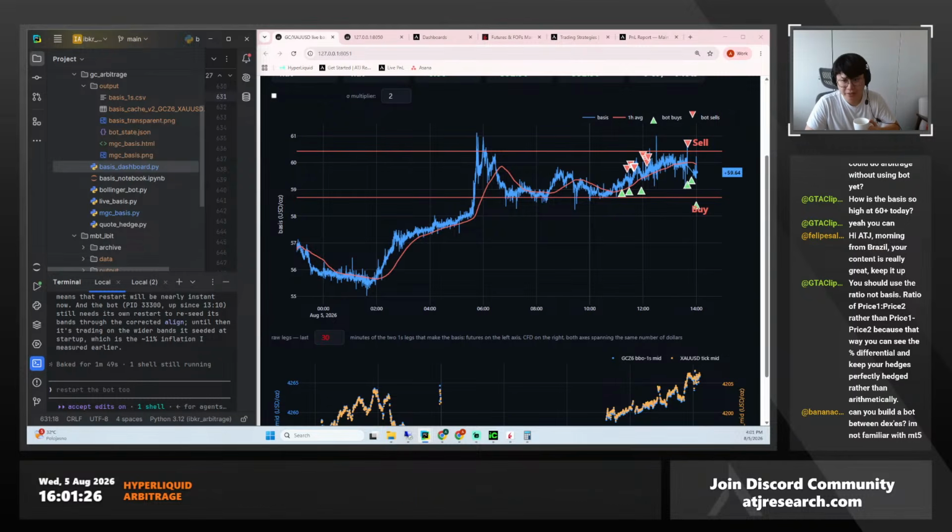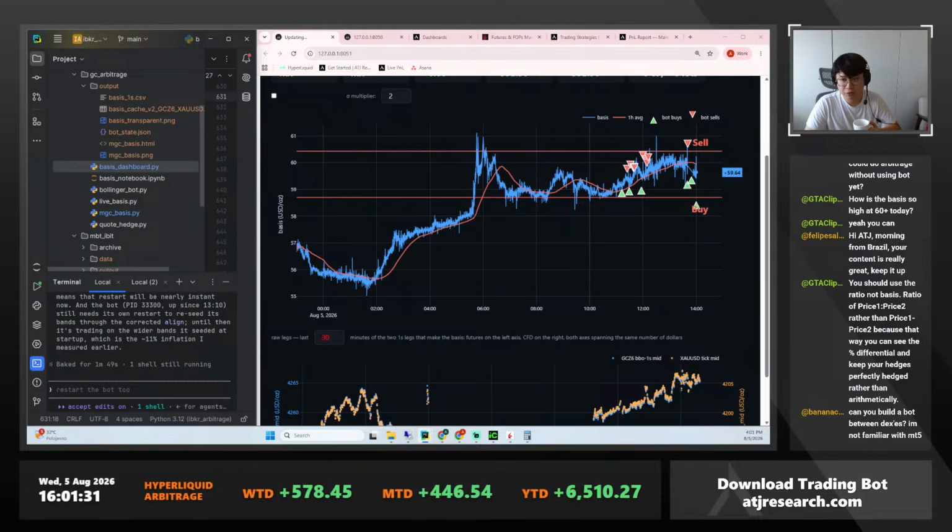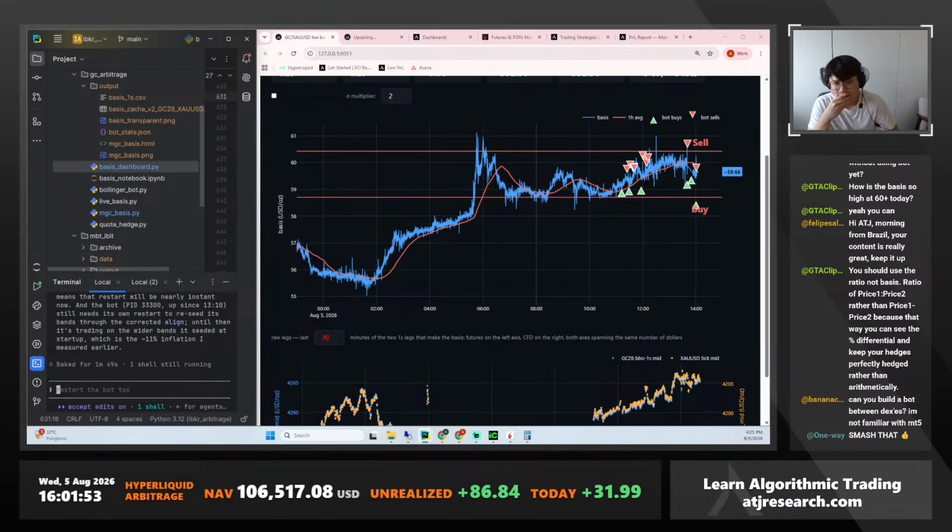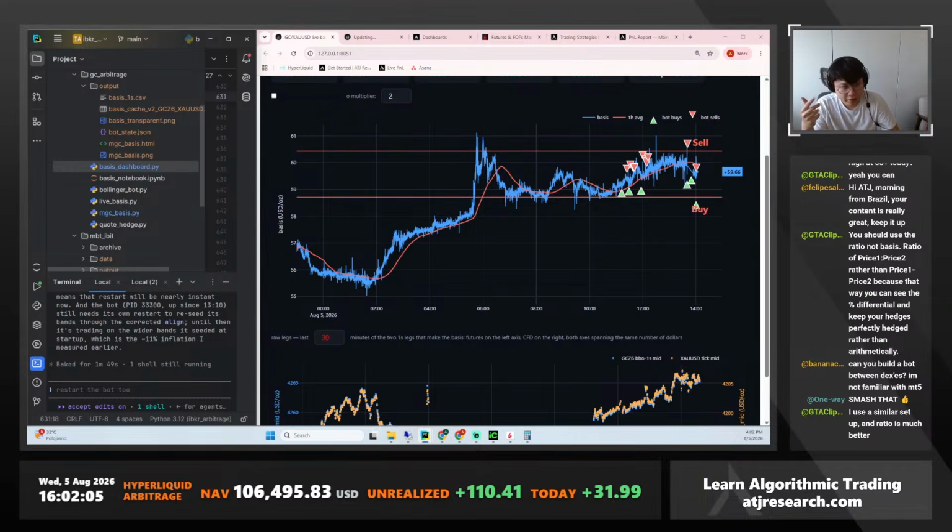You should use the ratio, not the basis. Price one divided by price two, rather than price one minus price two, because that way you can see the percentage differential and keep the hedges perfectly hedged rather than arithmetically. Let me think about that. You might have a point, right? I understand what you mean, but my brain is processing that, which means it's a good point.